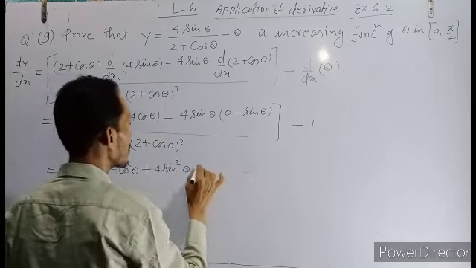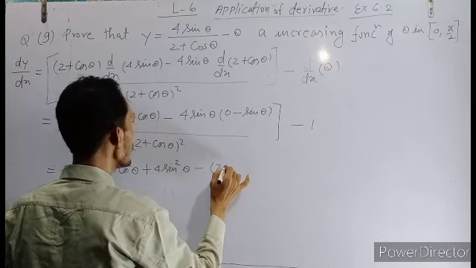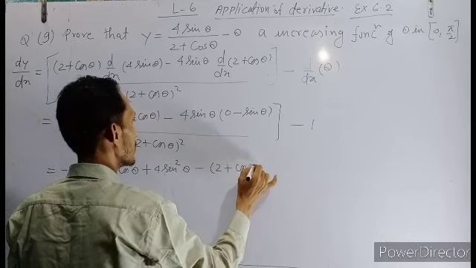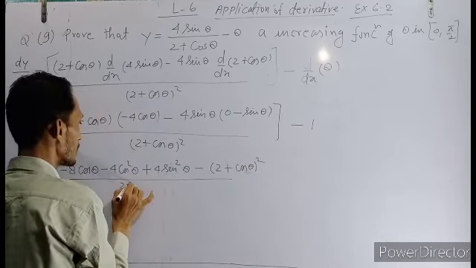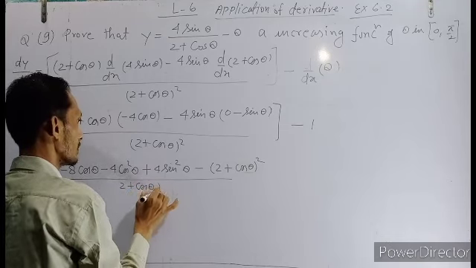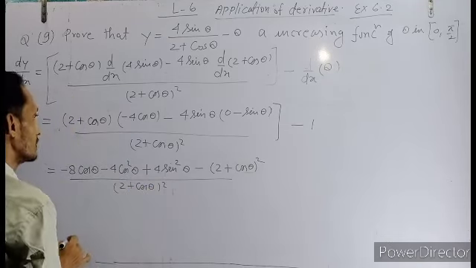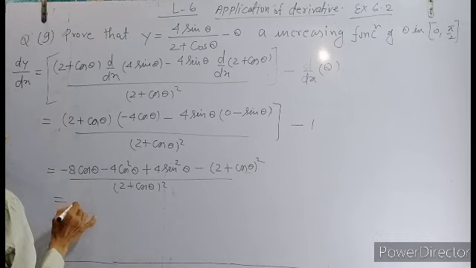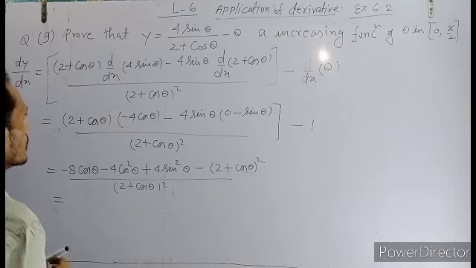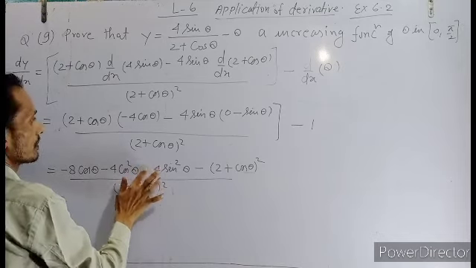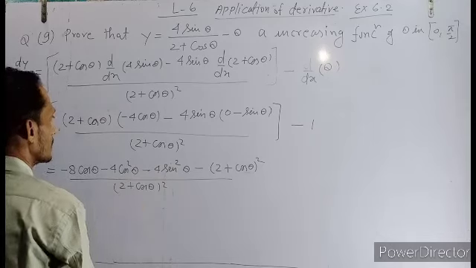By taking the LCM, you can see 2 plus cos theta whole square upon 2 plus cos theta whole square. So taking the common 4, the minus here will come. Okay.